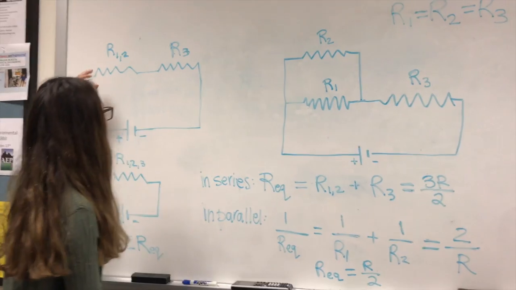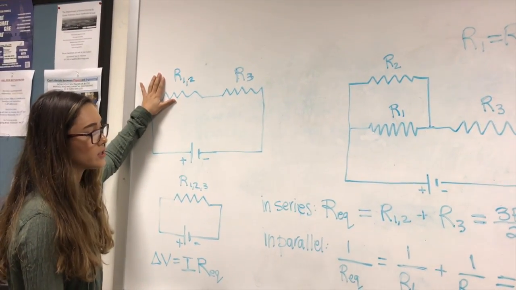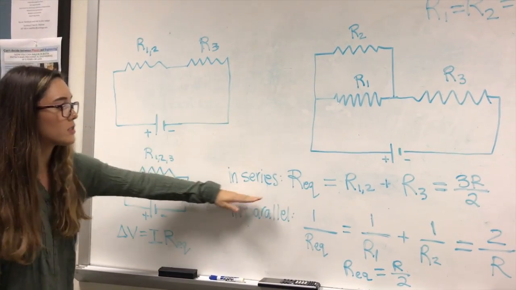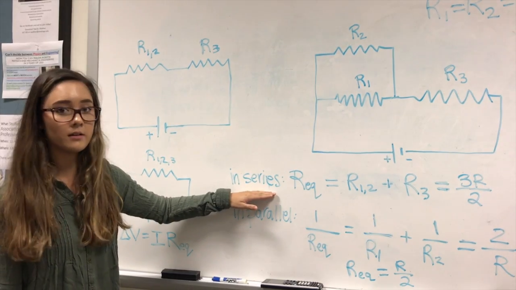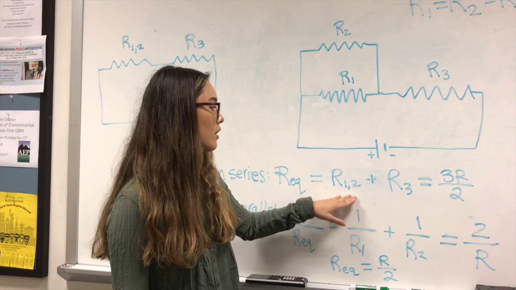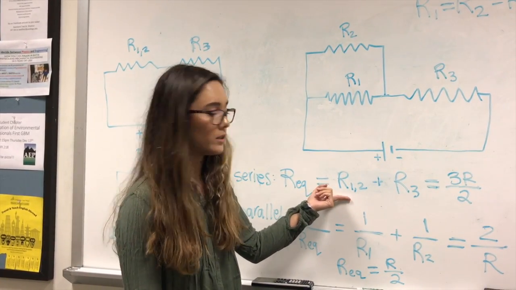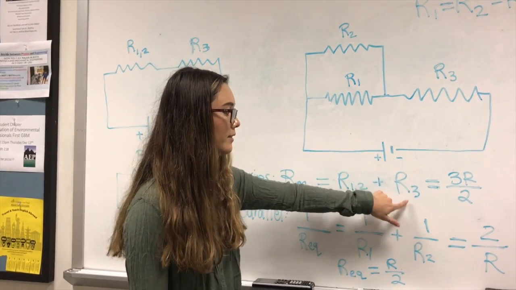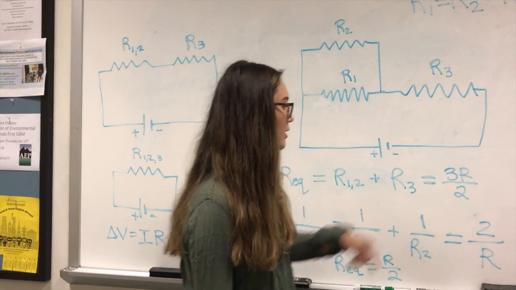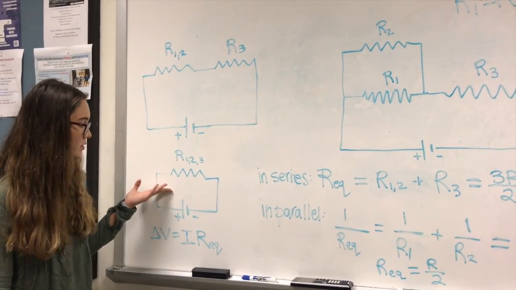Once we have R12 as one equivalent resistor, which is R over 2, and we have R3, we want to use this equation right here because they're in series. So the equivalent resistor is going to be R12 plus R3, which we just found that R12 is R over 2 and R3 is R. So we'll get 3R over 2 for the equivalent resistor for all 3 of the resistors.